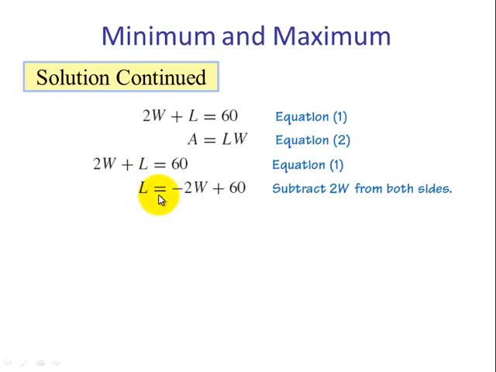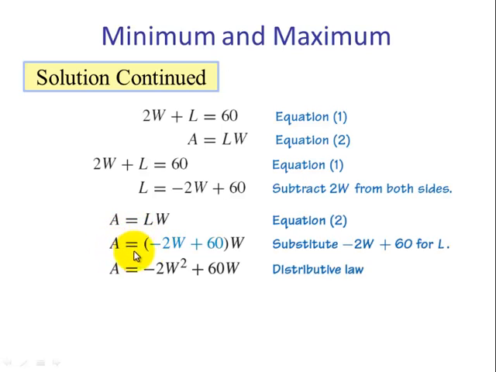So we have L equals negative 2w plus 60. I'm going to take this expression and substitute that into equation 2. Now this gives us an equation that only has one variable, w. Distribute the w. We have negative 2w squared plus 60w.